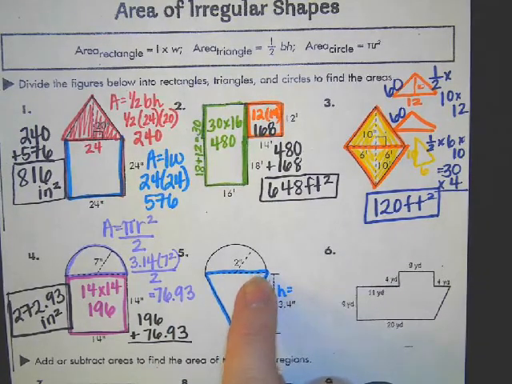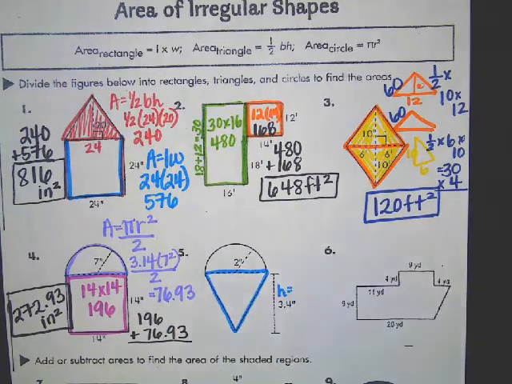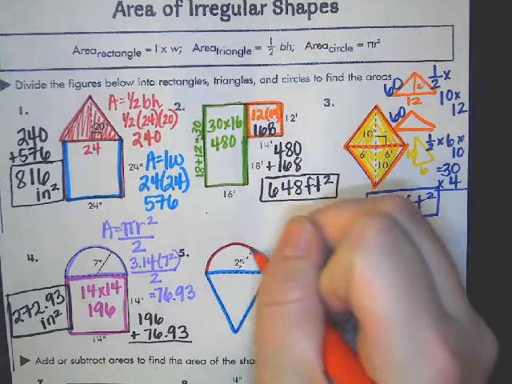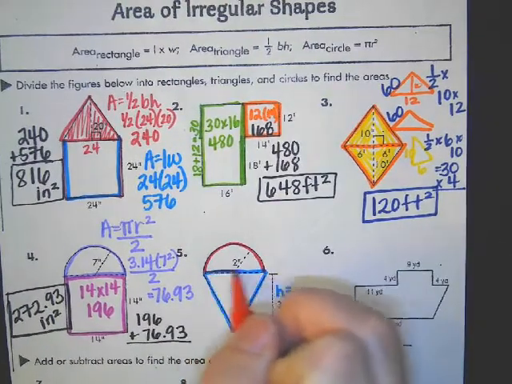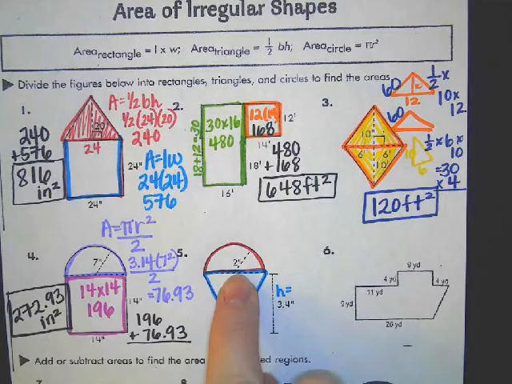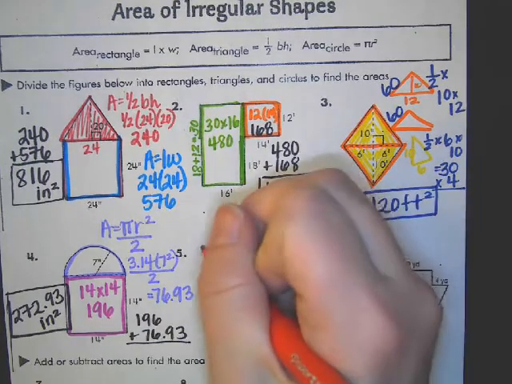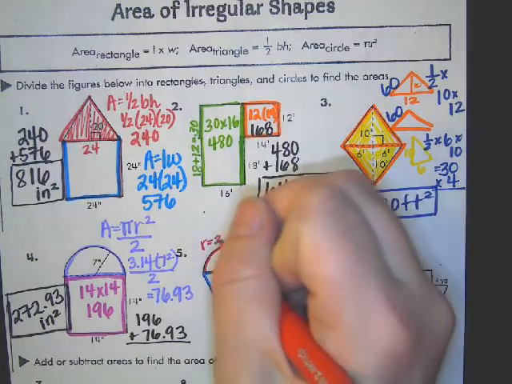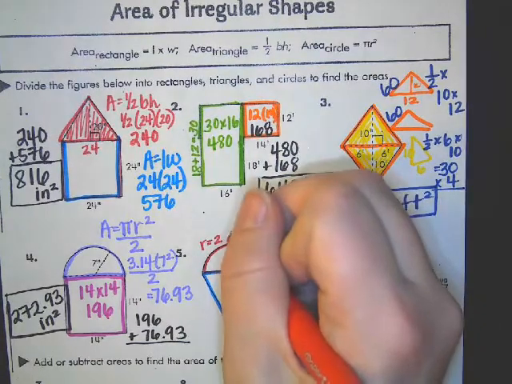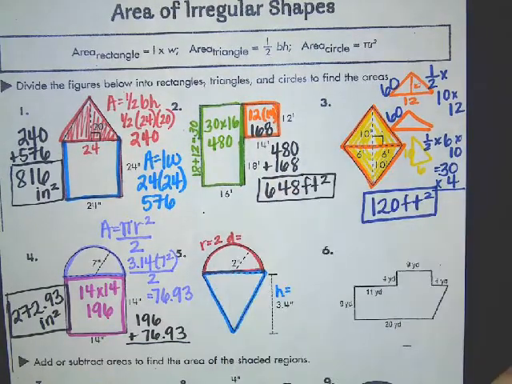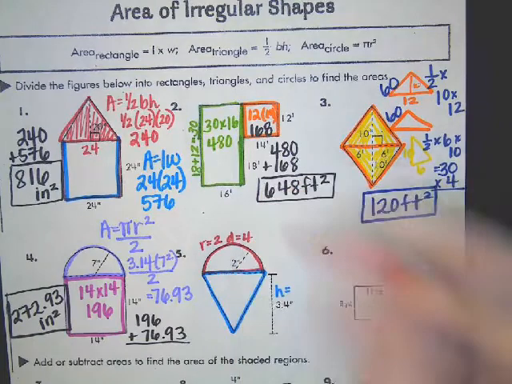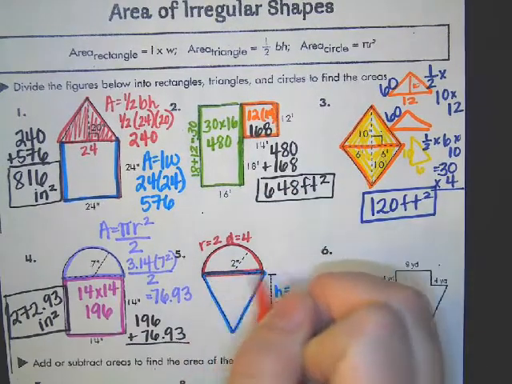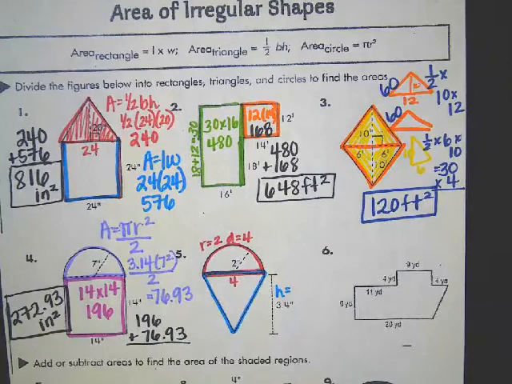I'm going to use my information from the half circle right here to solve for the base. If I know that the radius equals 2, then I know the diameter equals double that, which is 4. That means that this entire line right here has the value of 4.